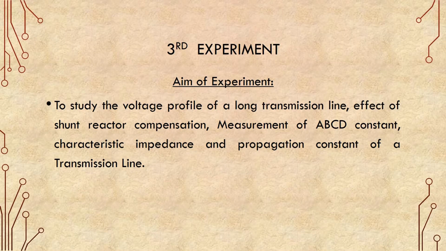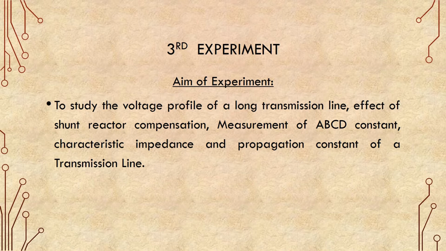Our aim of the experiment is to study the voltage profile of a transmission line and the effect of shunt reactor compensation, and the measurement of the ABCD constants, characteristic impedance and propagation constant of a transmission line. So we will study all those things in this experiment.